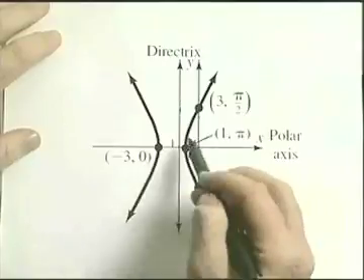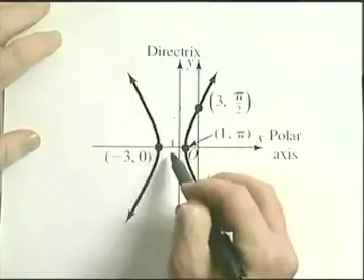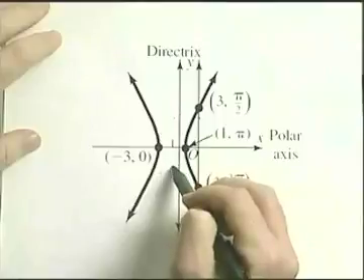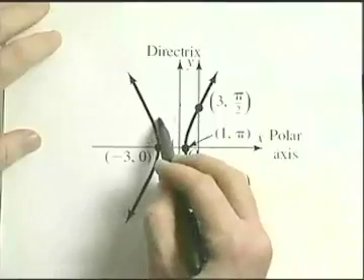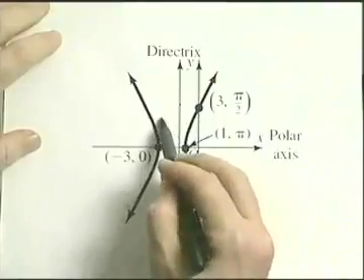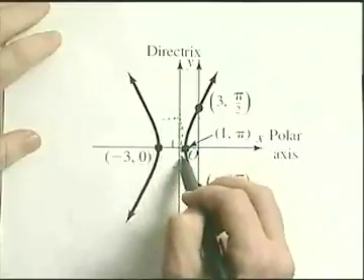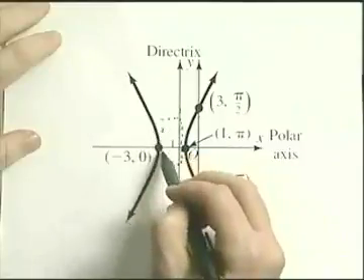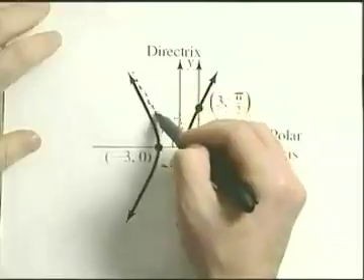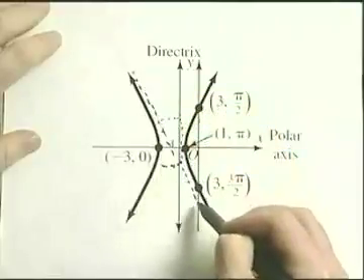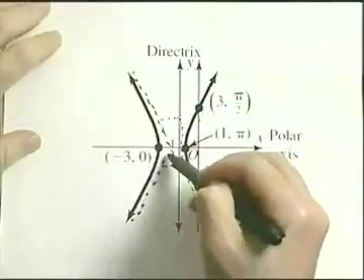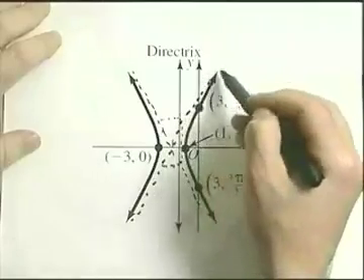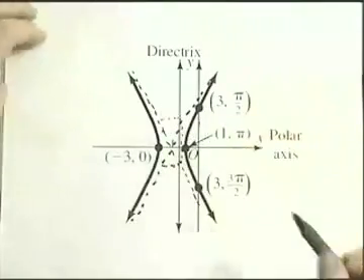I have my center labeled, and what I could do is plot points square root of 3 units above and square root of 3 units below the center. If I drew in my rectangle, that would allow me to draw in the asymptotes, and then by drawing in the asymptotes, I can easily trace in the graph of the hyperbola.